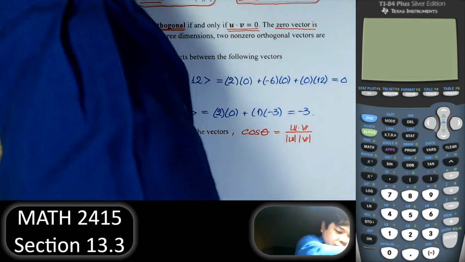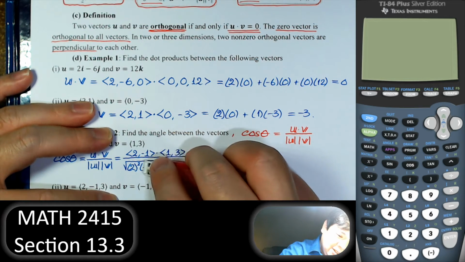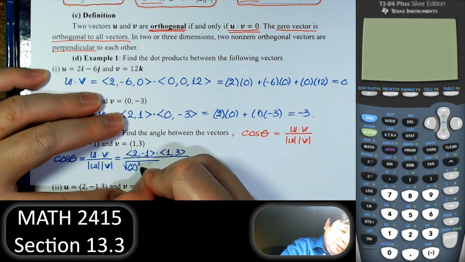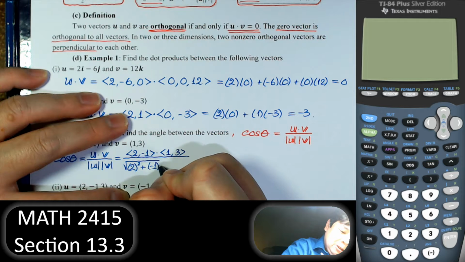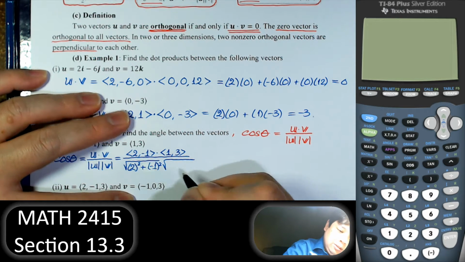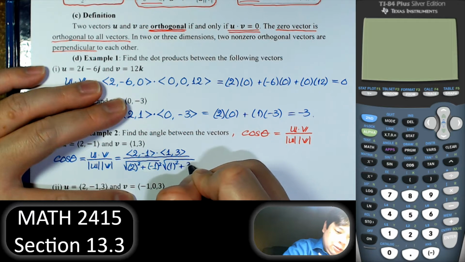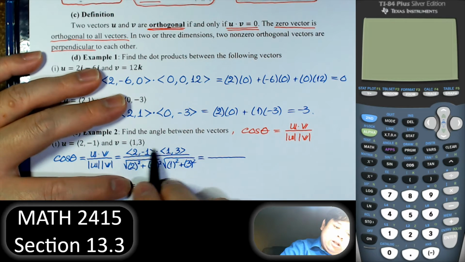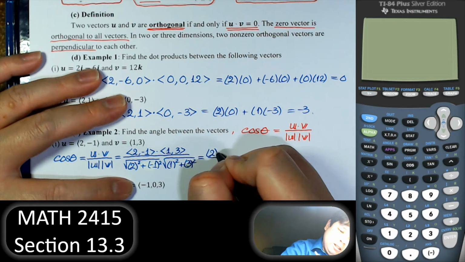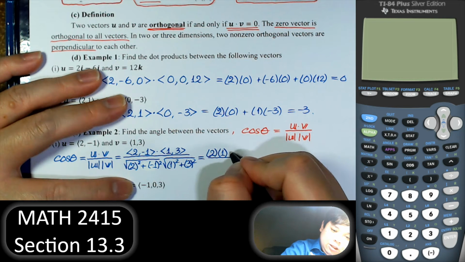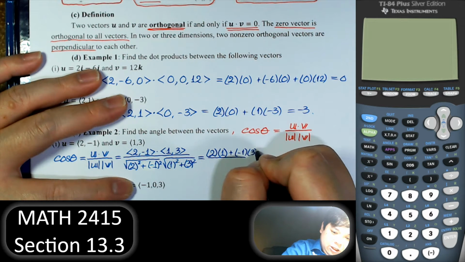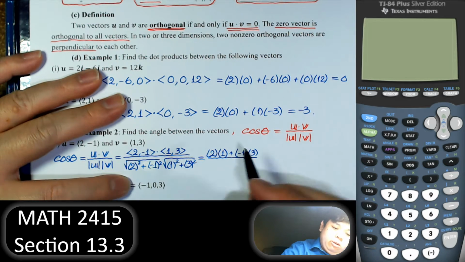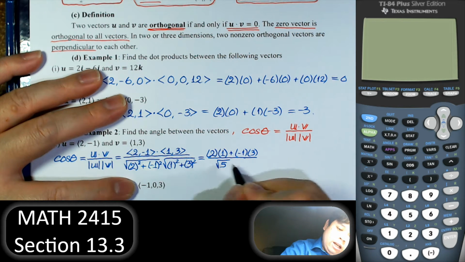It's a plus in the middle, right? Right, 2 times 1 plus -1 times 3, and then the square root of 2 squared plus 1, so the square root of 5, and the square root of 10.